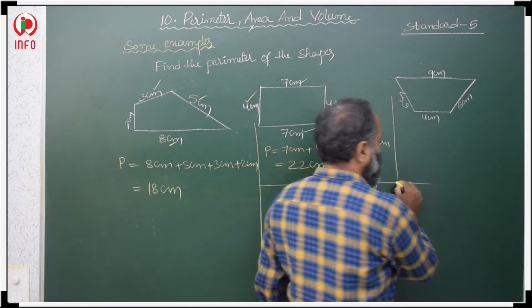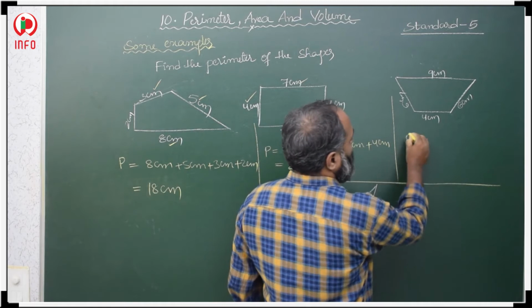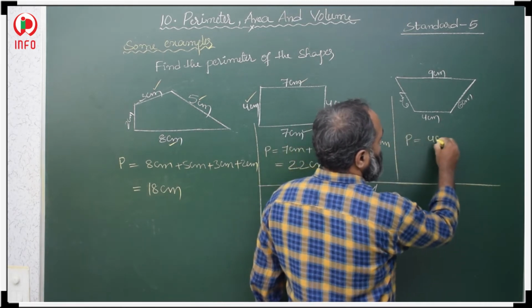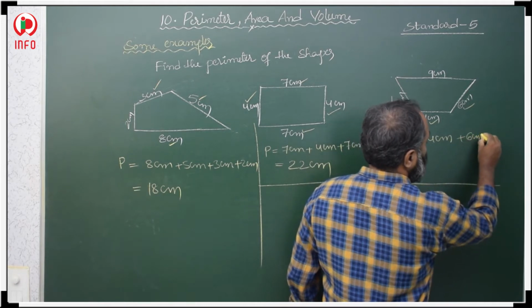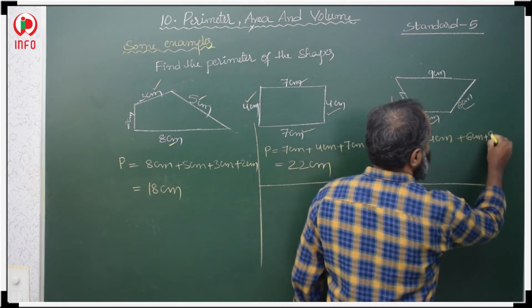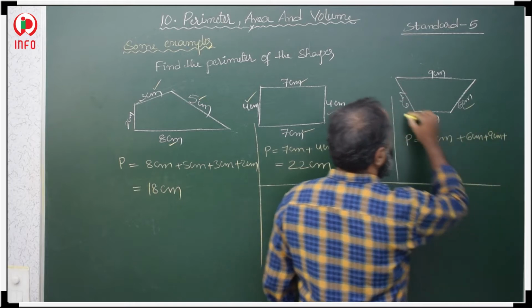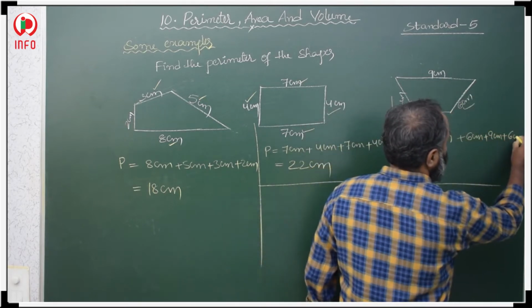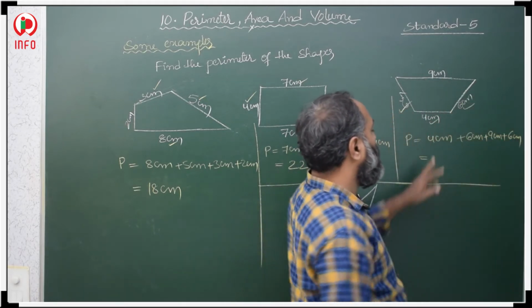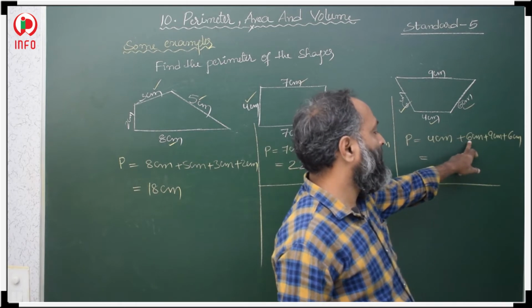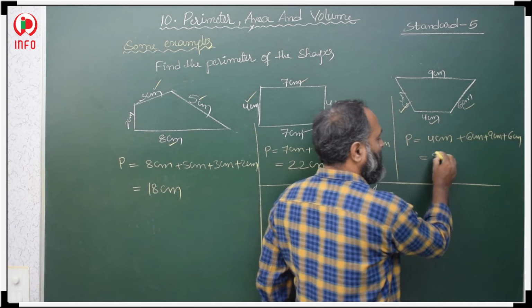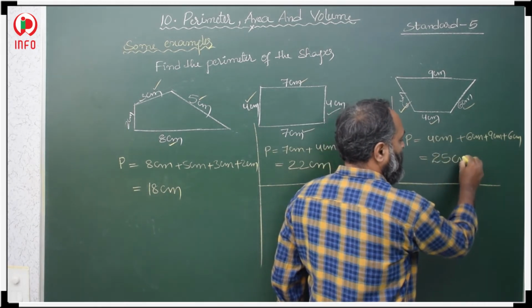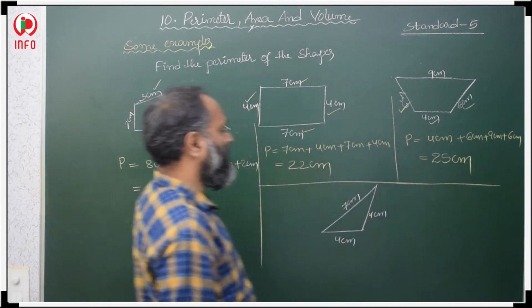Now here perimeter P is equal to 4 centimeters, second side 6 centimeters, third side 9 centimeters, and fourth side 6 centimeters. Now 4 plus 6, 10, 10 plus 9, 19, 19 plus 6, 25 centimeters. This is the perimeter.